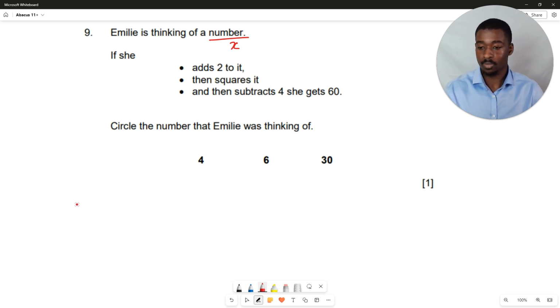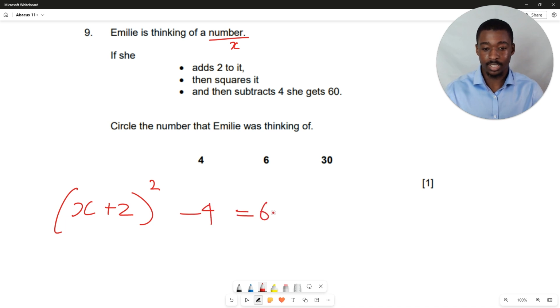So we have x plus 2. Then she squares everything. So very important here, she's not squaring x, she's squaring everything, x plus 2. So we need some brackets, and we're squaring everything. And then she subtracts 4, and she gets 60. What number was Emily thinking of?